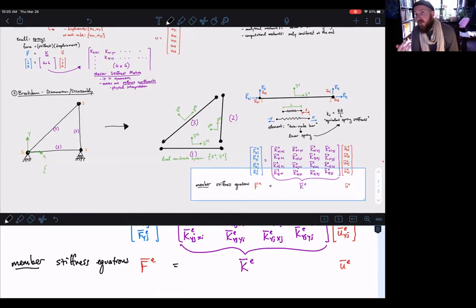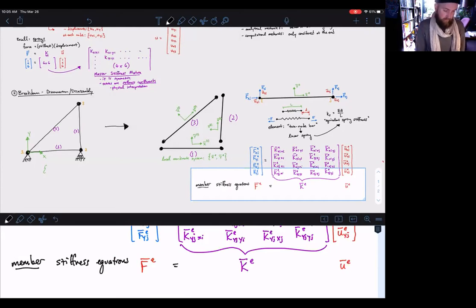We can write these for each individual member in their local coordinate systems.